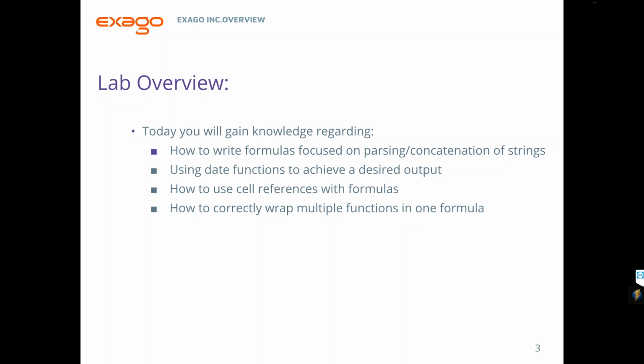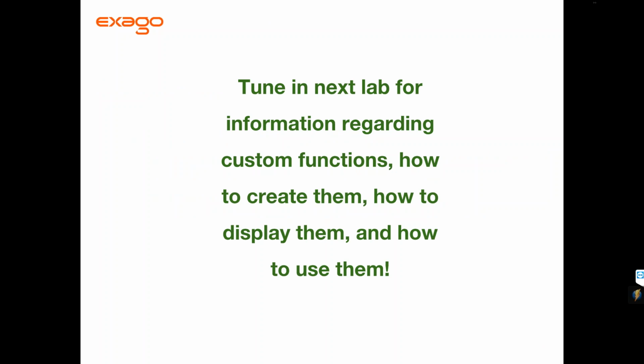We're going to show you how to use cell references both within formulas and also to display aggregate information somewhere other than the footer. And we're also going to show you how to correctly wrap multiple functions in one formula. We find that there's quite a bit of confusion regarding what should be the outermost function and what should be the innermost function, and with more than one it gets a little tricky, right? You need to have your parentheses in the right place, et cetera. So we're here to really clear all of that up today.